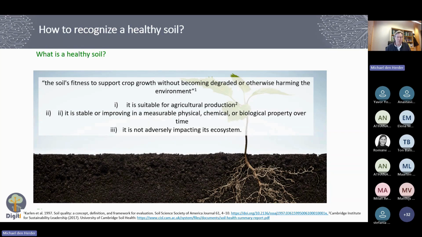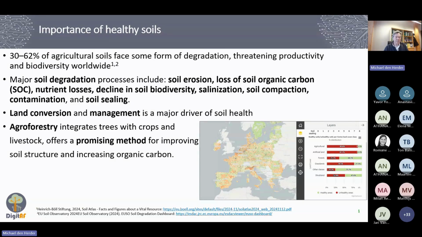It should be suitable for agricultural production, and it should also stay stable, so stay in the same state, or the soil health should be improved, and you should be able to measure that in a physical, chemical, or biological property over a certain time period. Your activity shouldn't have an adverse effect on the ecosystems. So soil health is very important.